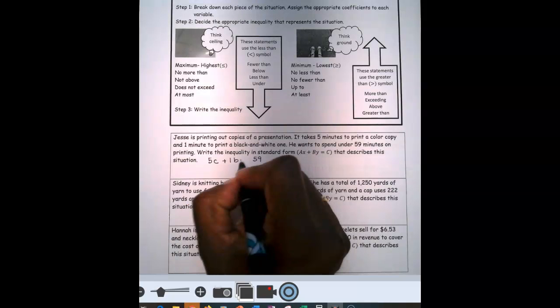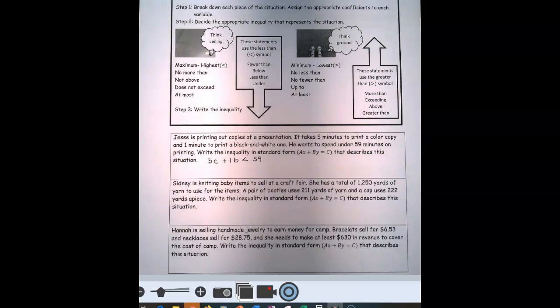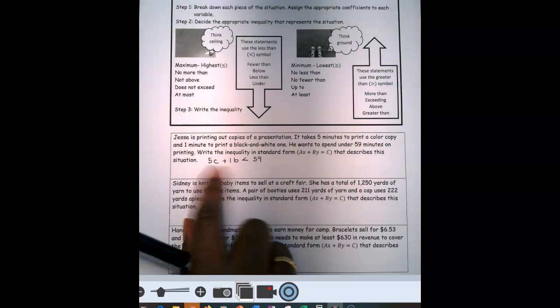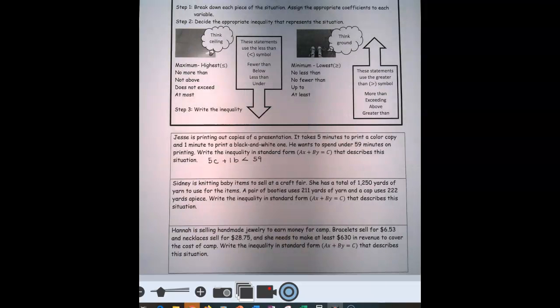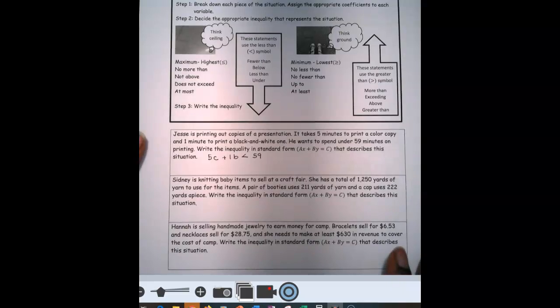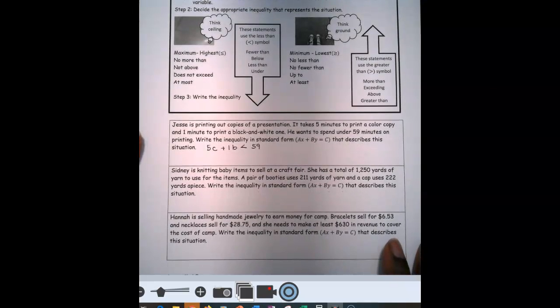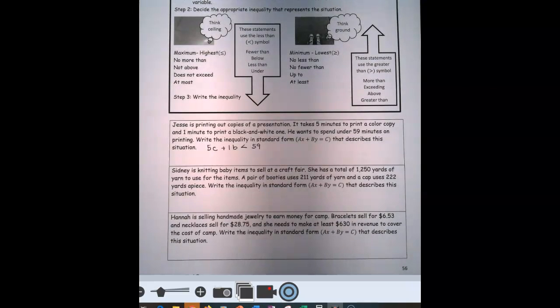So we're going to face the inequality to the left. So it can be 58 minutes over here, 57, 56, anything less than 59. And of course, this would never be negative in a real world situation. So that's all you need to do on this. We're not asking you to solve anything, just formulate.